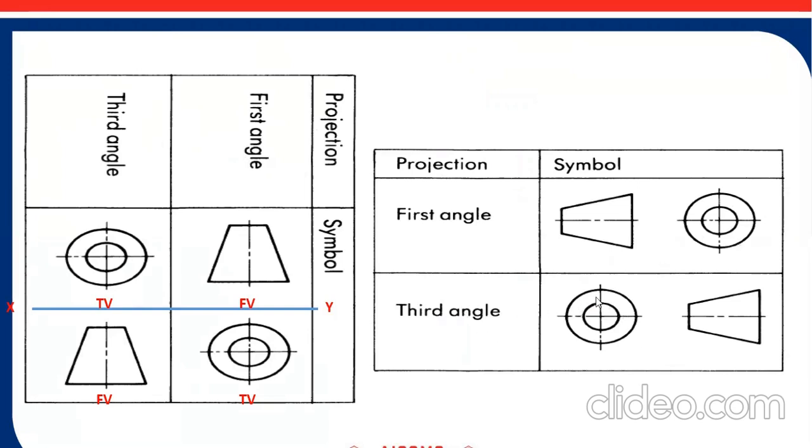In the third angle method, we always draw the top view above the XY line and the front view below the XY line. So this is the difference between the first angle method and third angle method. In the first angle method, front view is always above the XY line and top view below the XY line. In the third angle method, top view is above the XY line and front view below the XY line. So this is the basic difference between the first angle method and third angle method of projection.